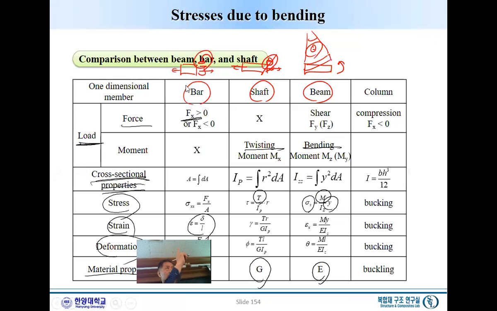And cross section, in the bar you have A. For the shaft you have a polar moment of inertia, and for bending you have a bending moment of inertia. So in the force you have F, a twisting moment, and a bending moment.